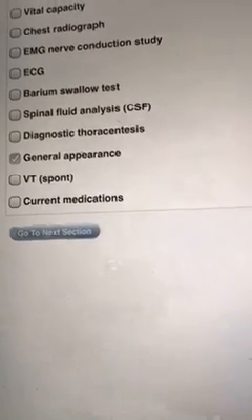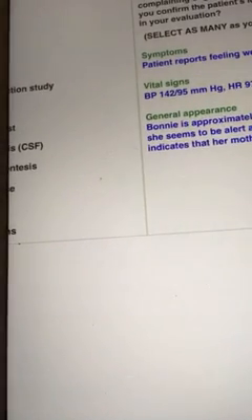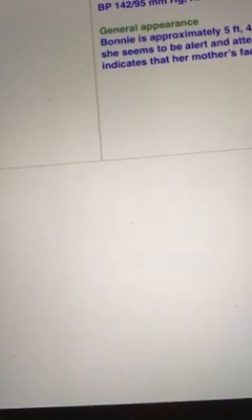So the patient is 5 feet 4 inches tall, so the height and weight is in here in the general appearance. 5 feet 4 inches, 163 centimeters tall, and weighs 238, which is 108 kgs.